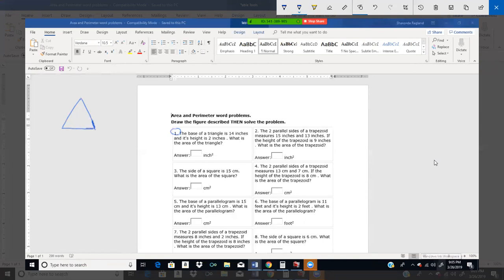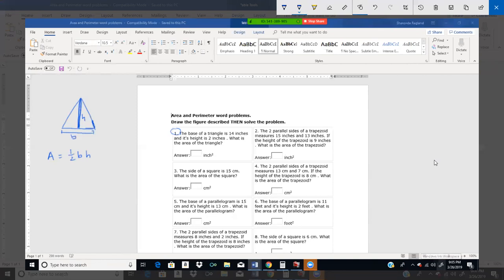Let's draw a line to do the height, from the tip to the bottom, the base. So that's the height, and then we have the base. When we're looking for the area, the area of a triangle is 1/2 the base times the height. That's the formula.